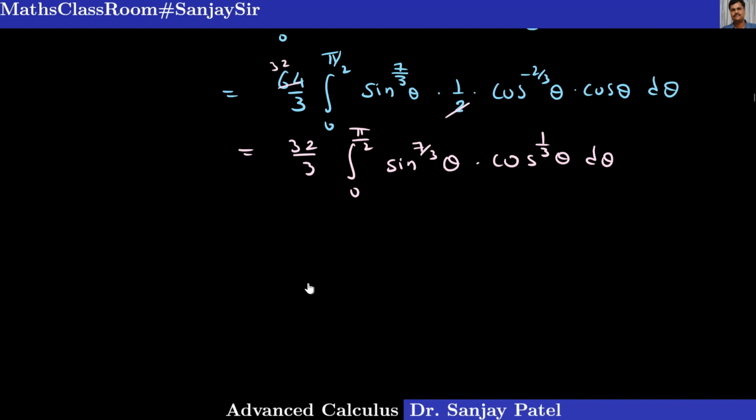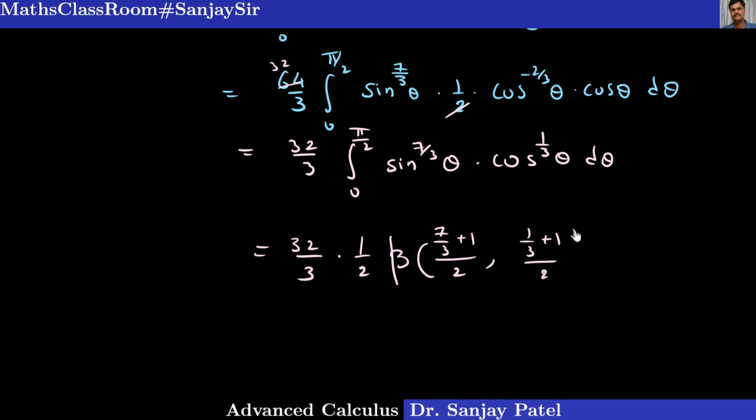So it is now in terms of the beta function, which is known to us, 0 to pi by 2 sine raised to p cos raised to q. So that gives us 1 by 2 times beta 7 by 3 plus 1 by 2 and 1 by 3 plus 1 by 2.